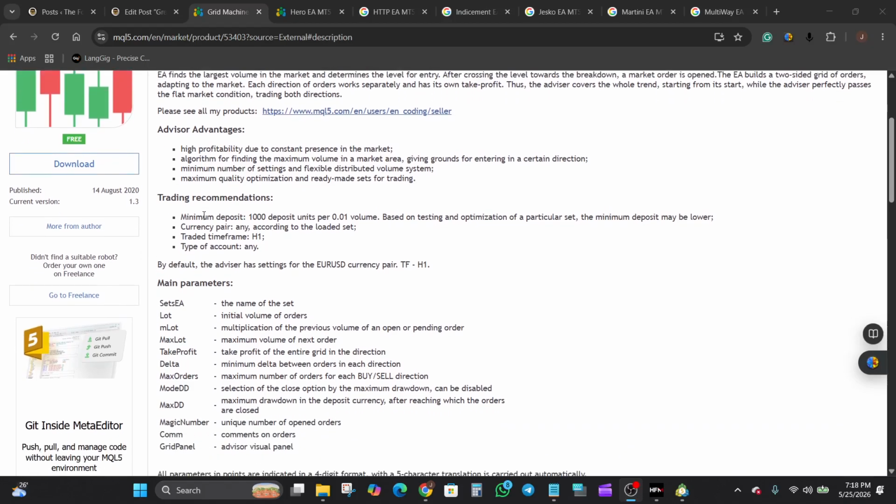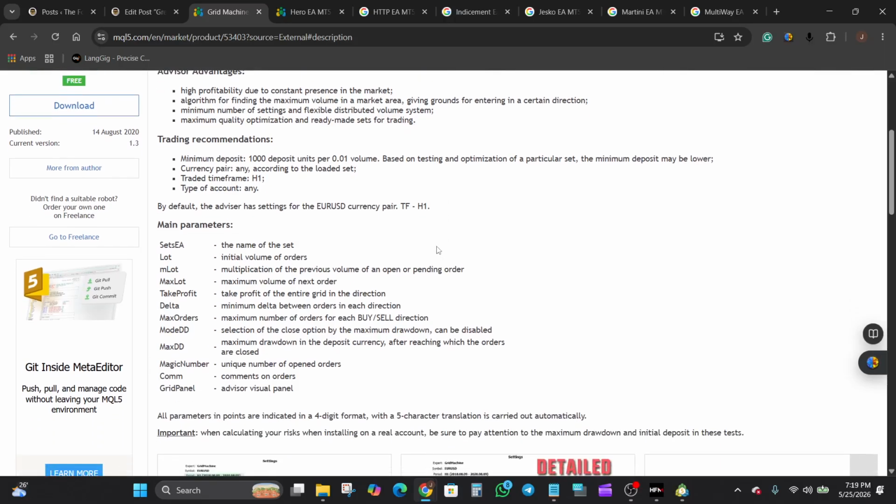Scrolling further, I can see the recommended setup is mainly based on the H1 time frame with Euro USD listed as the default pair, although it also mentions that it can be used on other currency pairs depending on the set configuration. The minimum deposit guidance is also quite important here, especially because grid-based systems can require more margin depending on how price moves.